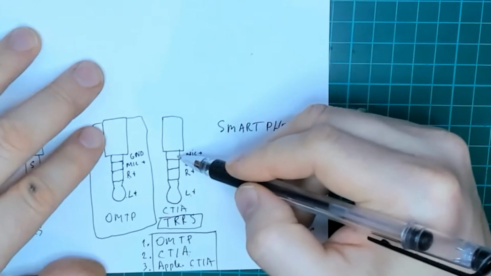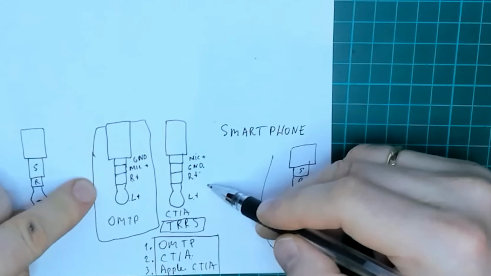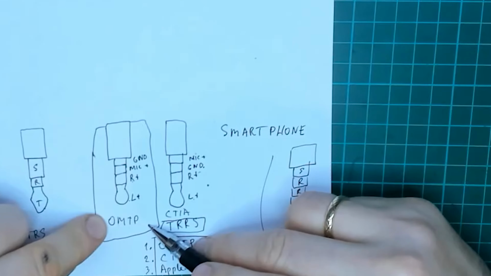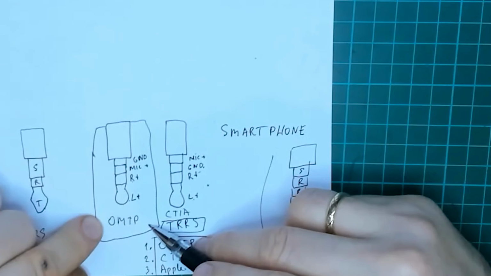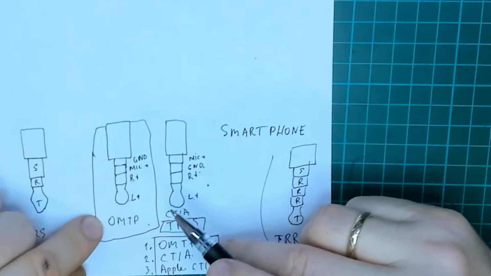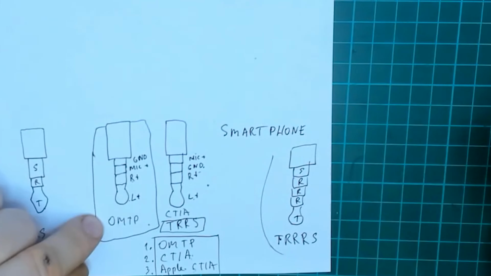So this is the microphone plus and this is the minus. So this is how they differ. OMTP is a quite older standard used in Nokia, Sony Ericsson, Motorola and so on, and currently used in China. And CTIA is a newer standard used in newer smartphones.